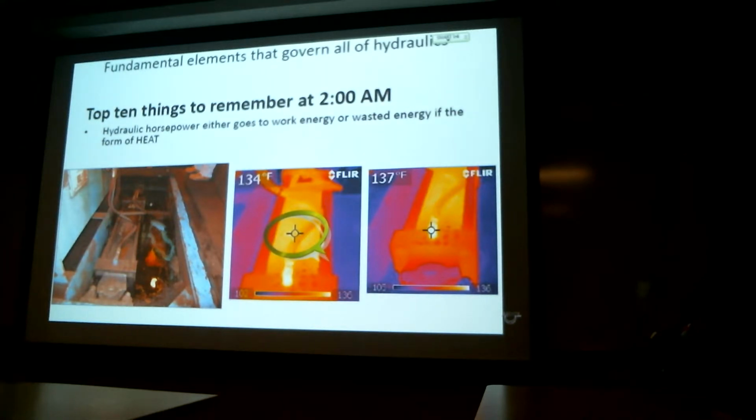All right, and then the one next to that, I'm measuring that 90 fitting right there, and it's 3 degrees hotter. So what that shows you is that when oil has to work unnecessarily, like when it's going across a 90 or it reduces down and it becomes turbulent, that is wasted energy in the form of heat, and that is called pressure drop.